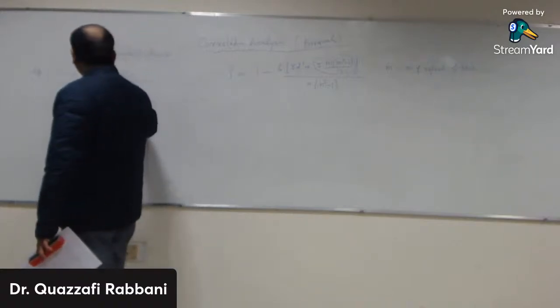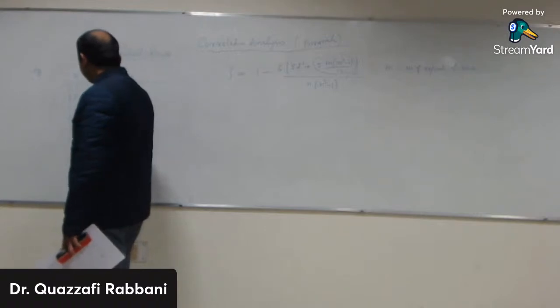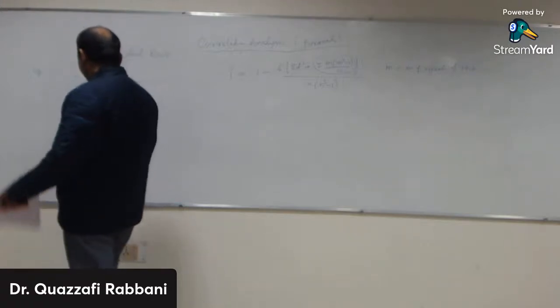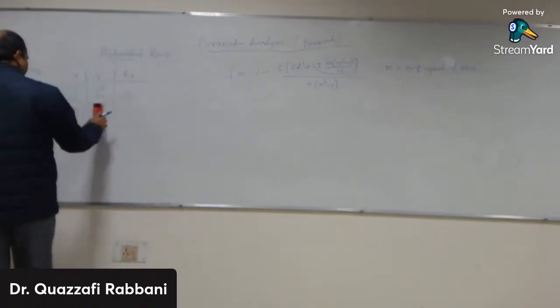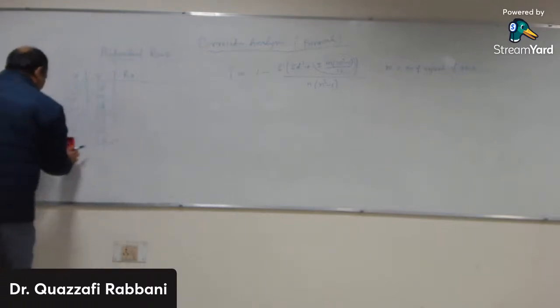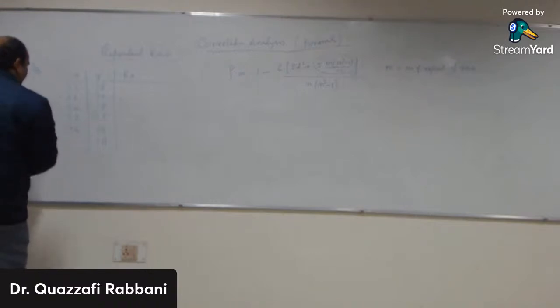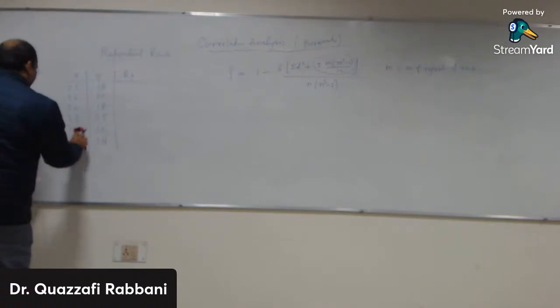We slightly change the values because this would give some confusion, so we take here 25 and this one 35.